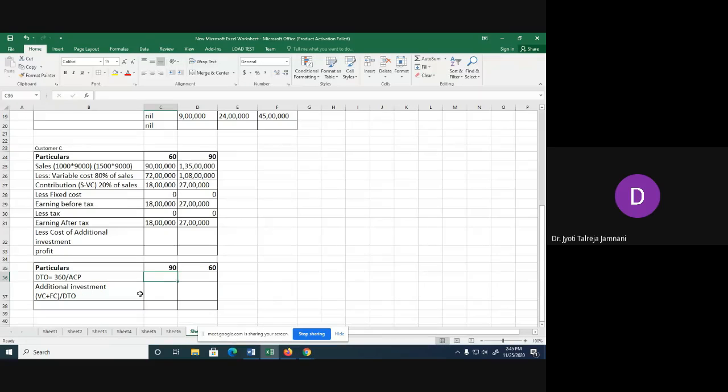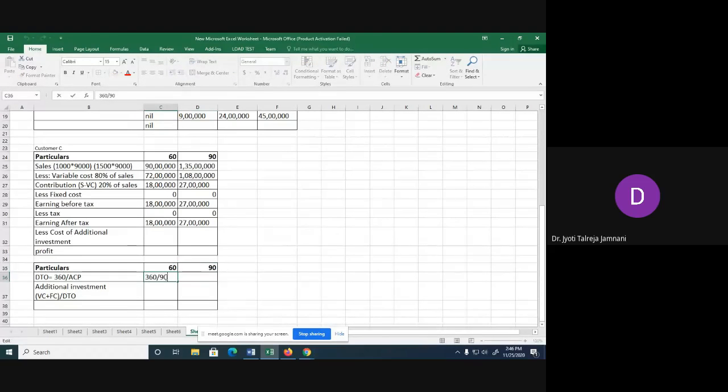So debtors turnover ratio, 360 divided by 60 and 90.